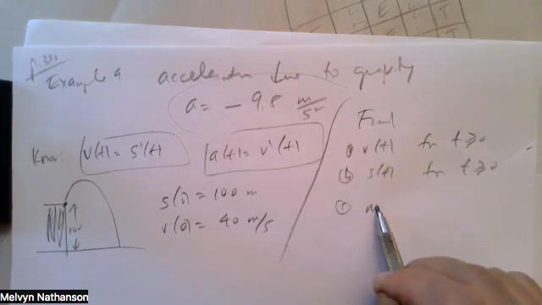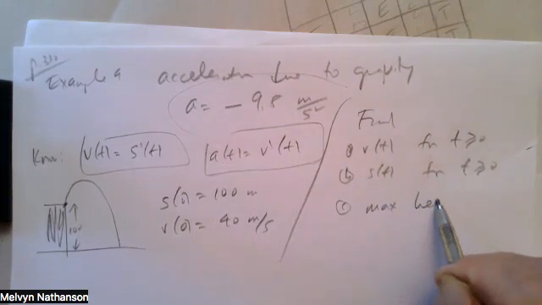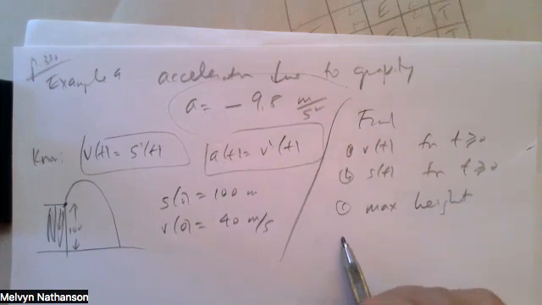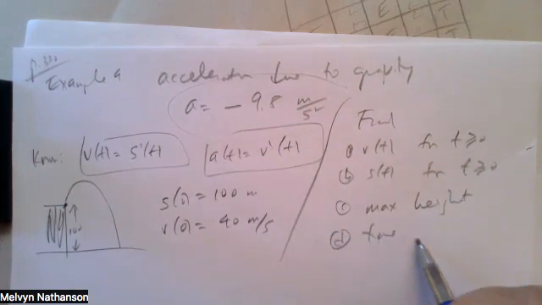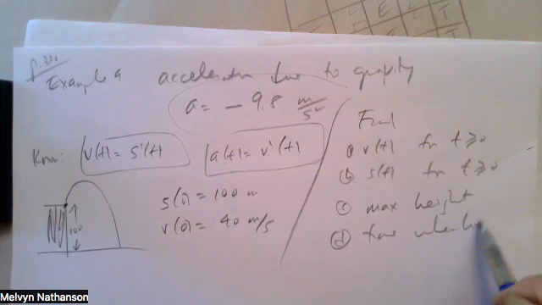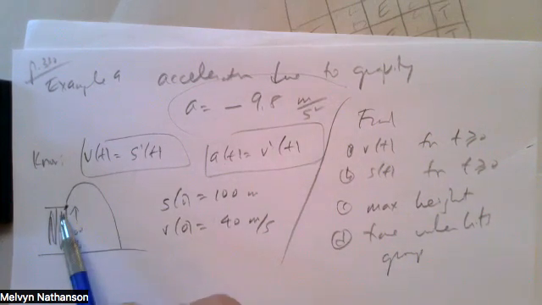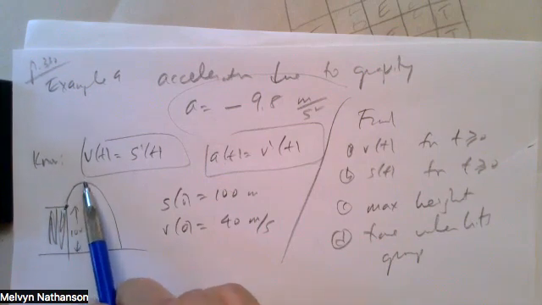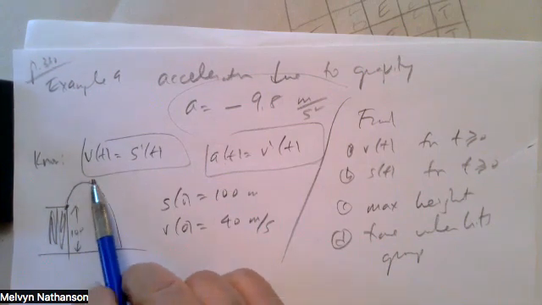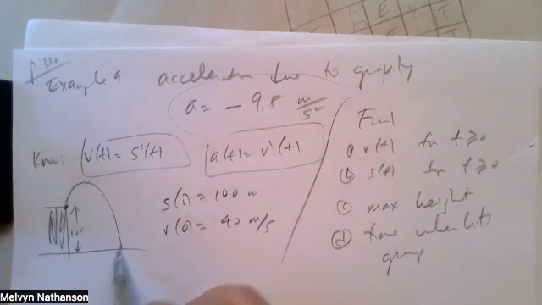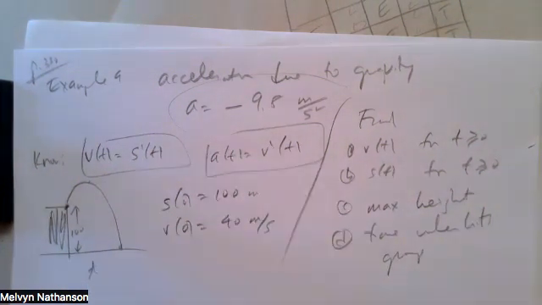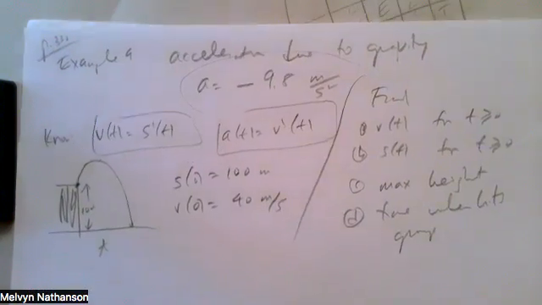The maximum height the particle reaches, and the time when it hits the ground. So you toss this particle up, it hits some maximum height, but gravity is pulling it down, and at a certain time it hits the ground. This is looking at the trajectory as a function of time.